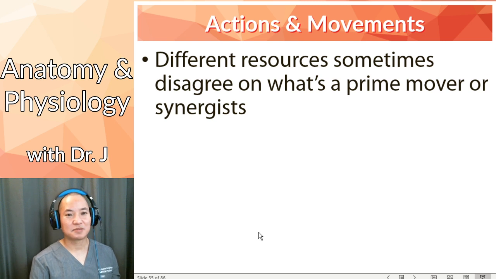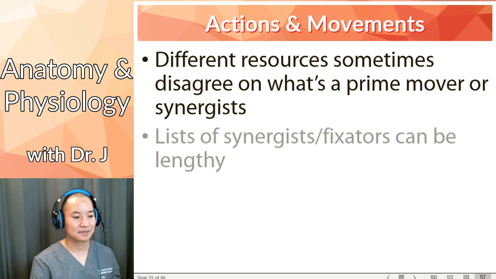Okay, so this is why I'm bringing up this type of movement, because different resources sometimes disagree. When you see these lists of all the prime movers, antagonists, synergists, and fixators for different types of joint movements, you might get differences between primary literature, resources, textbooks, or what your professors say.